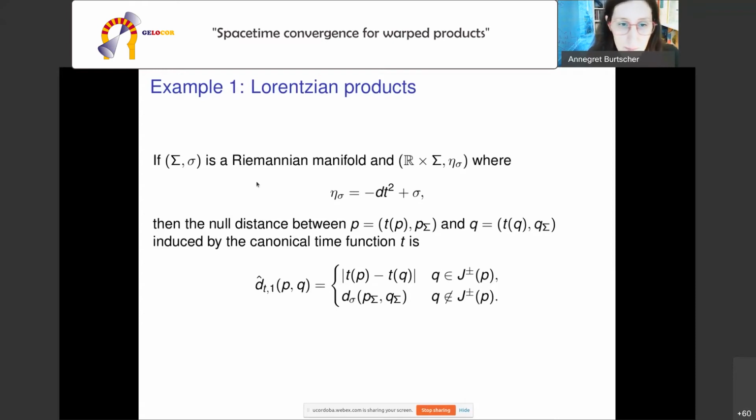And you can just define the null distance by just splitting up the points in the t part and the sigma part. And you will see that if the points are causally related, it's just a difference in their time. And if they're not causally related, then it's just a difference in the space, in the sigma, with respect to this Riemannian distance induced by the Riemannian metric sigma.